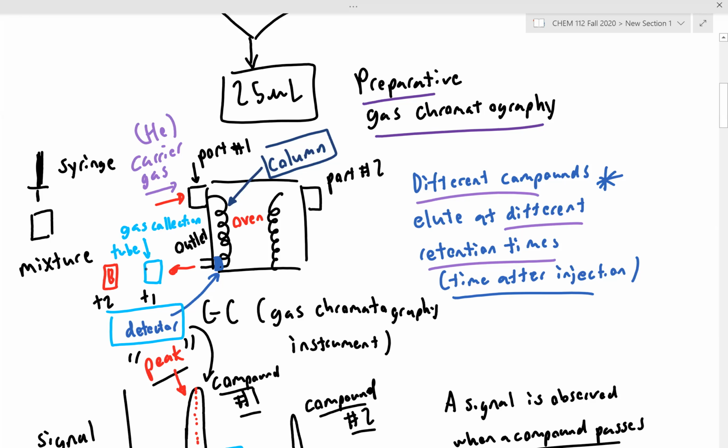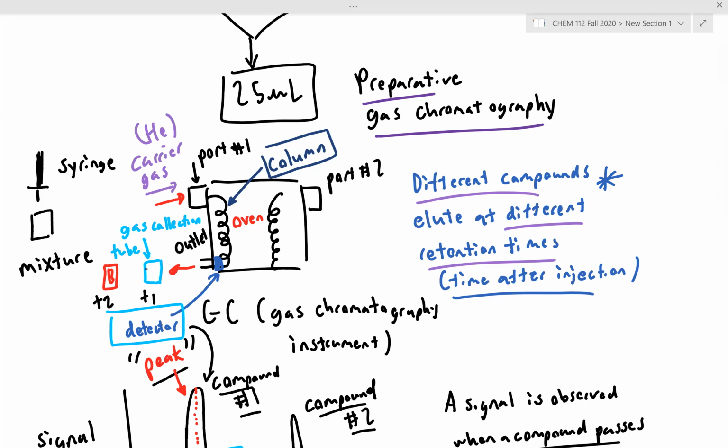Gas chromatography separates compounds fundamentally based on their intermolecular interactions with the column and the column stationary phase and their relative boiling point. Does this schematic make sense to everyone so far?